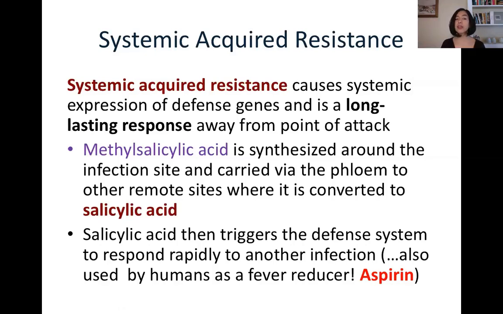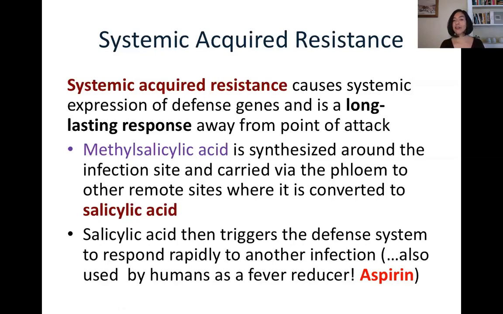So one of these other things is this methylsalicylic acid. And it moves from the part where it is being produced, and that's the tissue that is under attack. And now it's going to be transported to other remote areas, and it's going to be converted into salicylic acid. Then the salicylic acid is going to trigger the defense system for a rapid response if there are more pathogens attacking this plant.